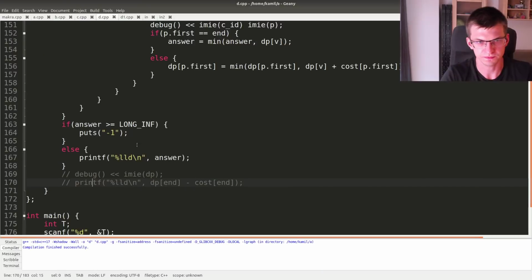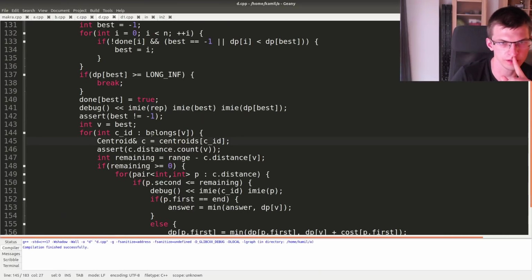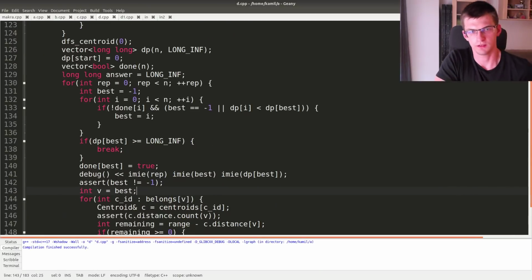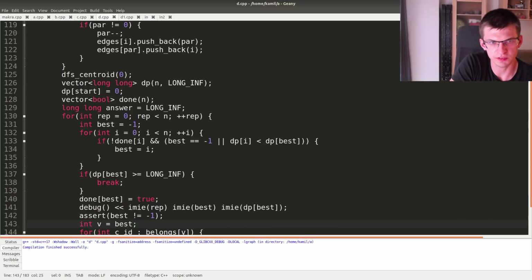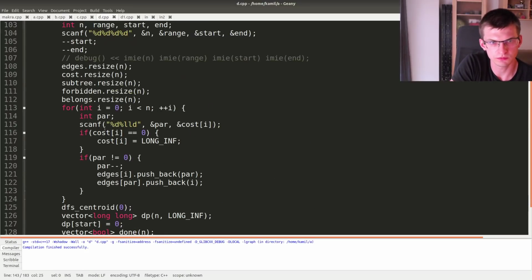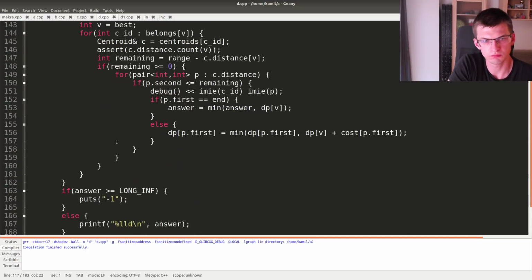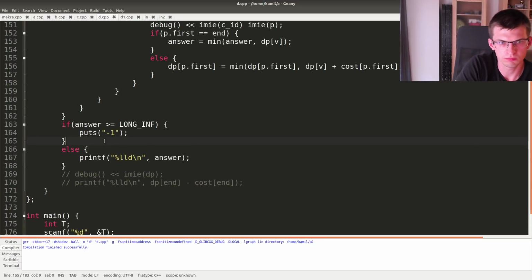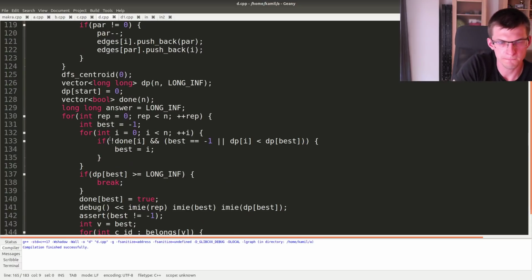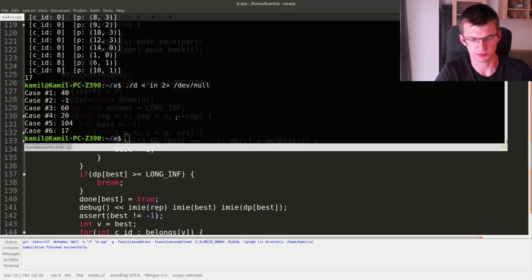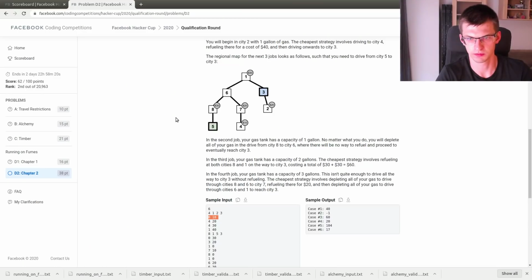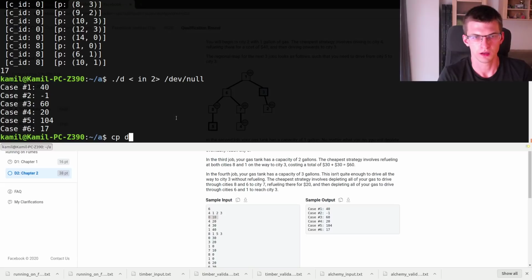Seems correct. Now I need to add Dijkstra and check if I maybe miss longs somewhere. Generally this part must be sped up, and I can do some brute force with that. So let's call it brute.